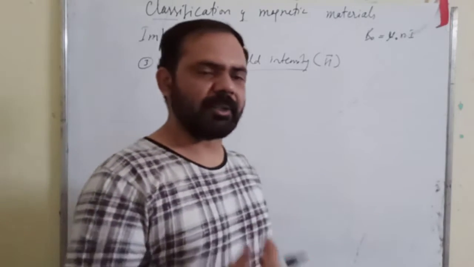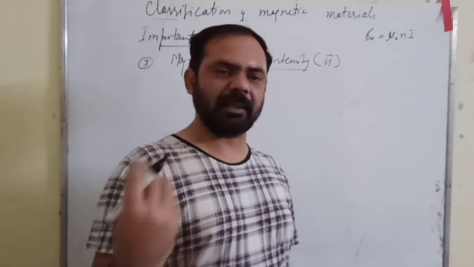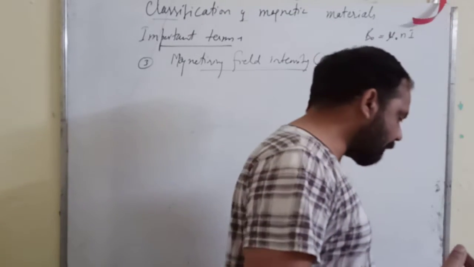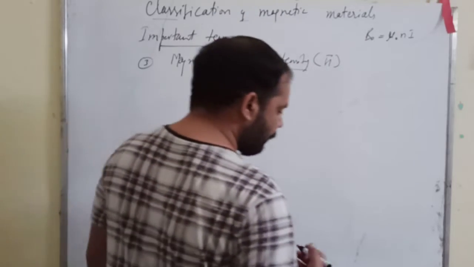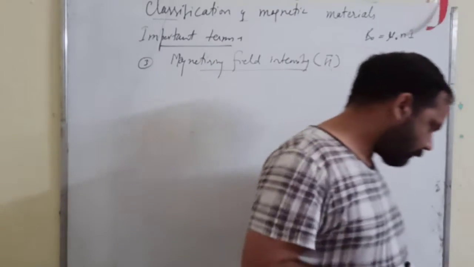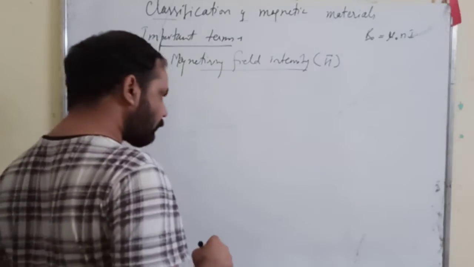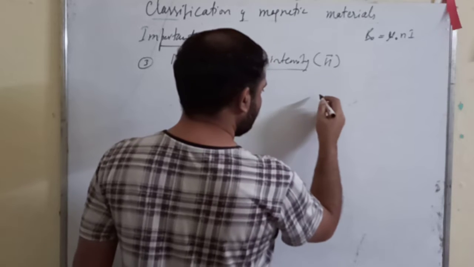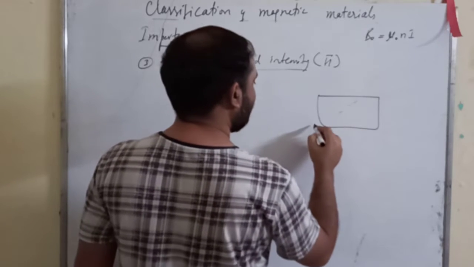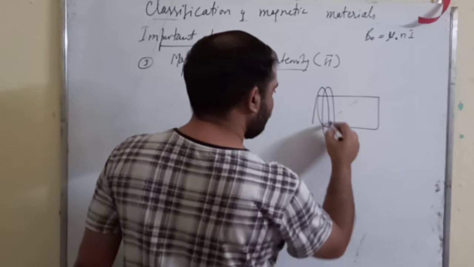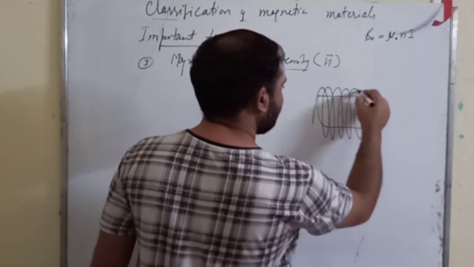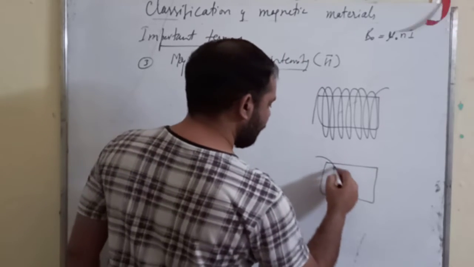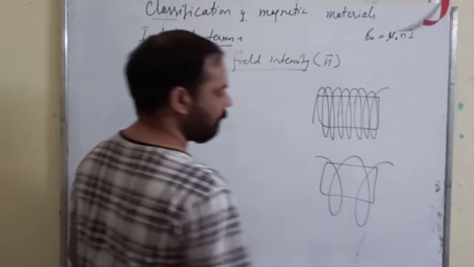Magnetizing field intensity. What is the strength of the magnetizing field? Is it weak or is it strong? Suppose you have a region, and I enclose this region in this type of solenoid, and the same region I enclose in this type of solenoid, right?